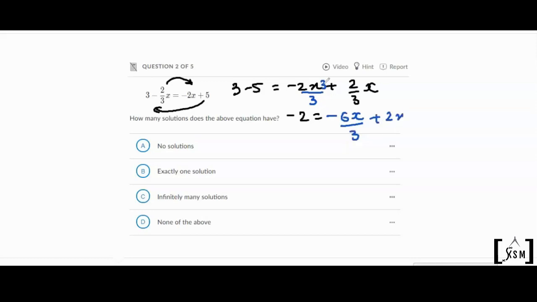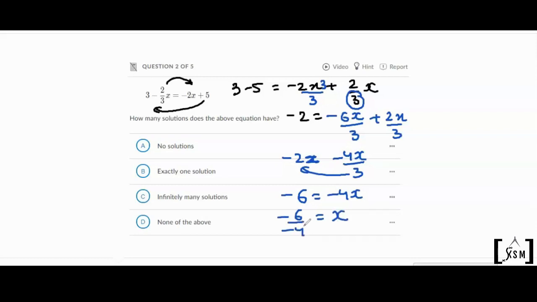We multiplied up and down by 3 here because the denominator was 3, so we need to have the same denominator. Further solving, minus 2 equal to negative 4x over 3. Bringing 3 to this side, we get negative 6 equal to negative 4x, and then negative 6 divided by negative 4.